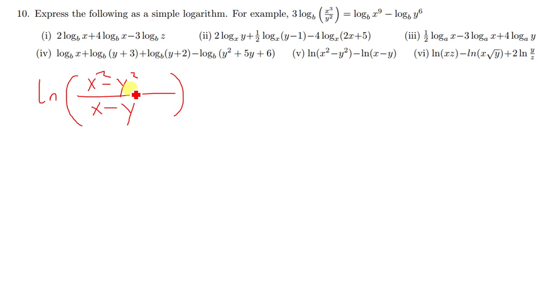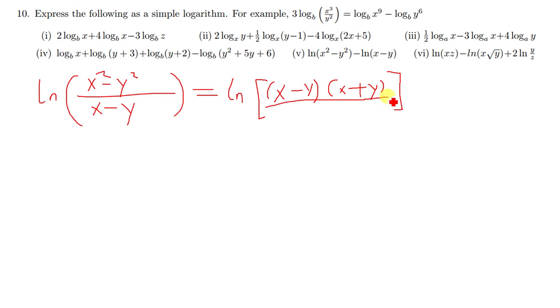So this can be simplified. You can simplify it further by saying the top part there is the difference of two squares. So you open these brackets and then you say we have x minus y and x plus y, then everything divided by x minus y.